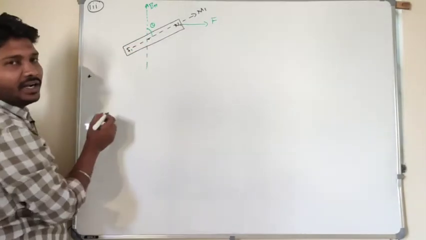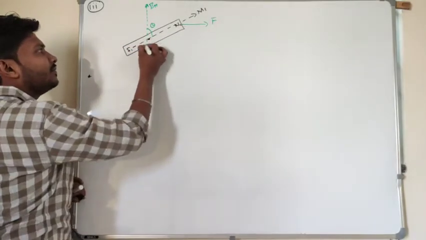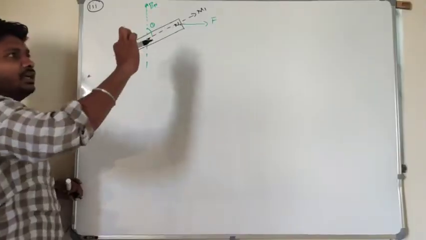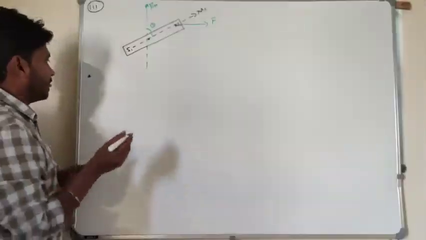Look at here, we'll consider a pivoted magnet. Pivot means it is rotating from this point. From this point this magnet will rotate. This point I can take as the pivot here, right?